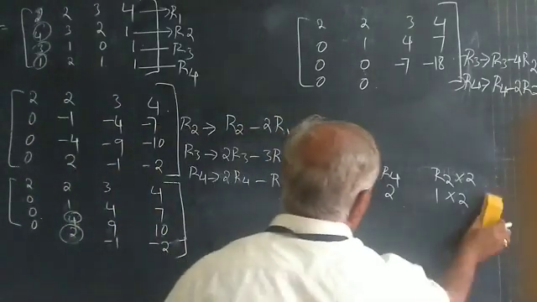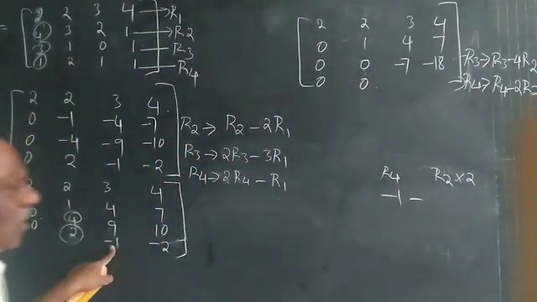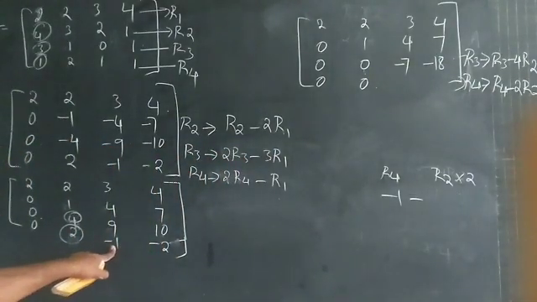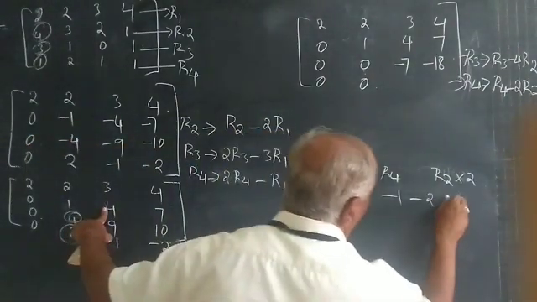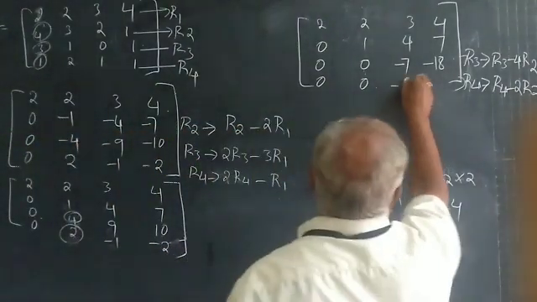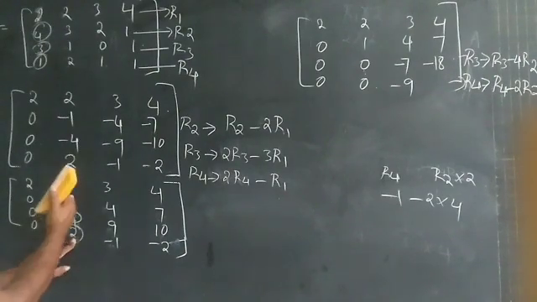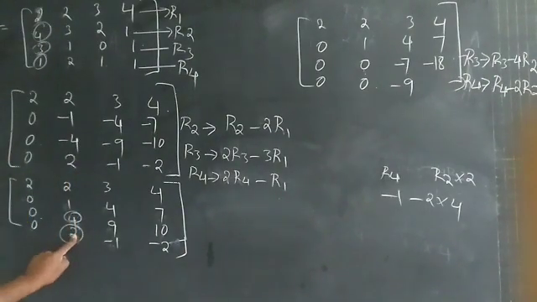R4 is minus 1 minus 2 R2, 2 into R2, 4. Minus 1 minus 8, that is minus 9. R4 minus 2 R2. R4 2 minus 2 into R2. 2 minus 2, that is 0.